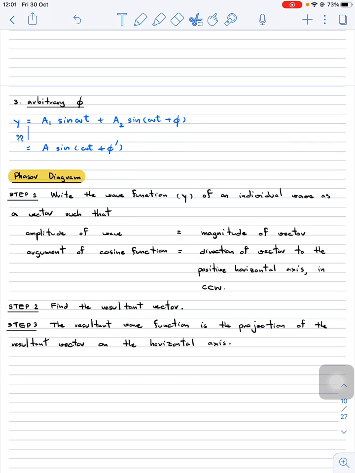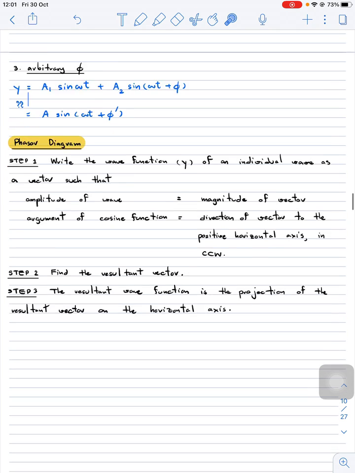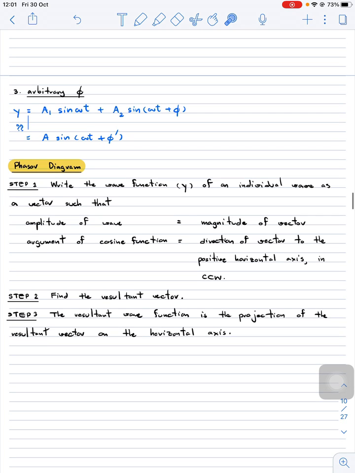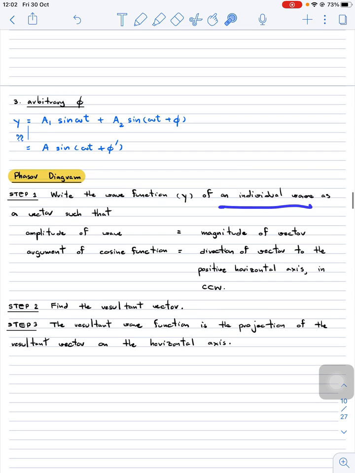Okay, so we have 3 steps that we need to follow. The first one is, the idea is to write the wave function y of an individual wave, so by the individual wave, it just means this one and this one, as a vector.